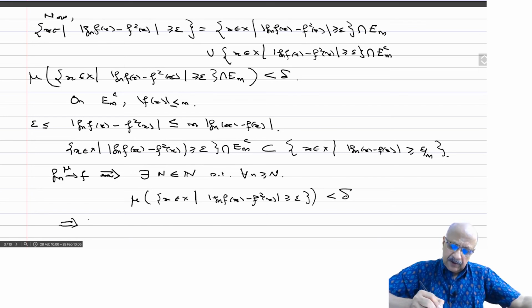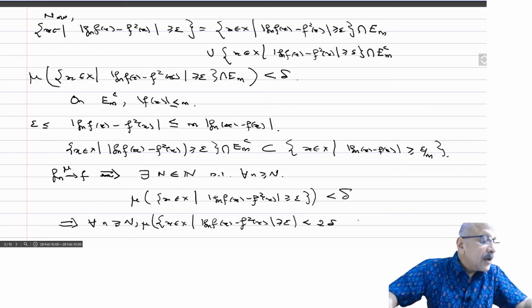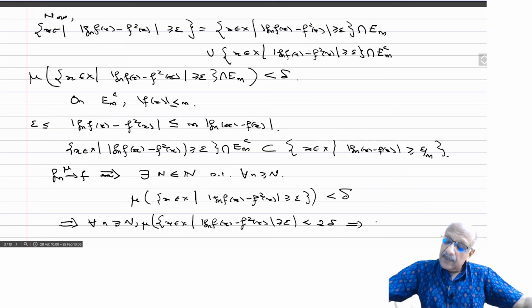Consequently, for all n ≥ N, the measure of that set is less than 2 times delta, and so that implies that f_n f converges to f² in measure.